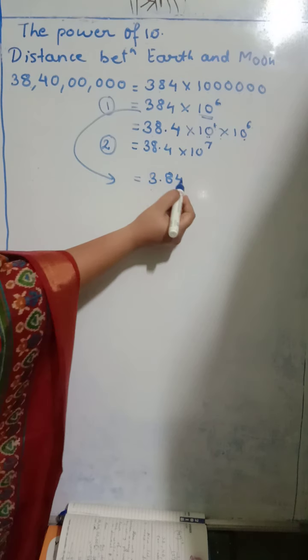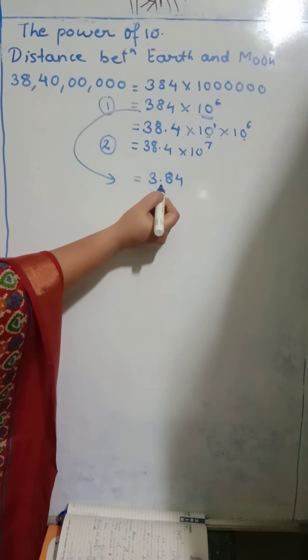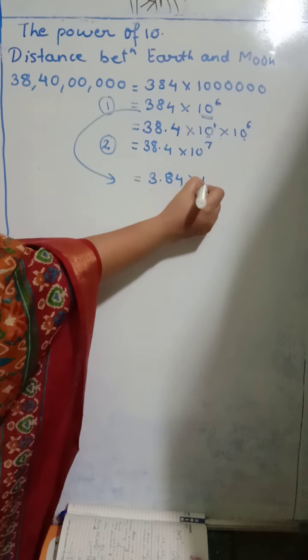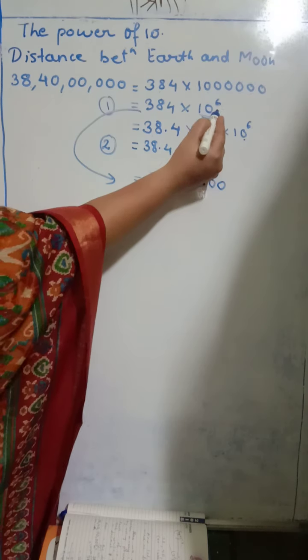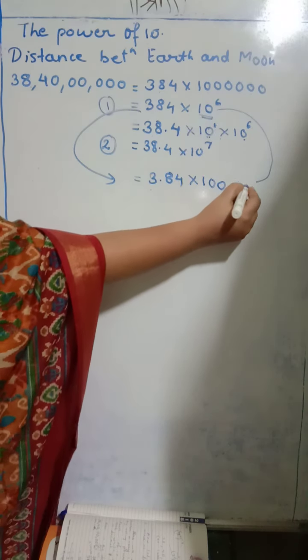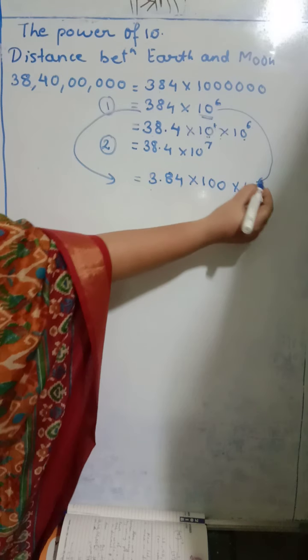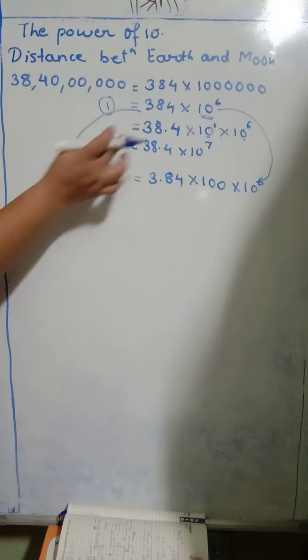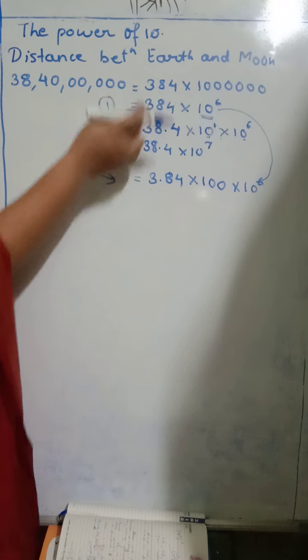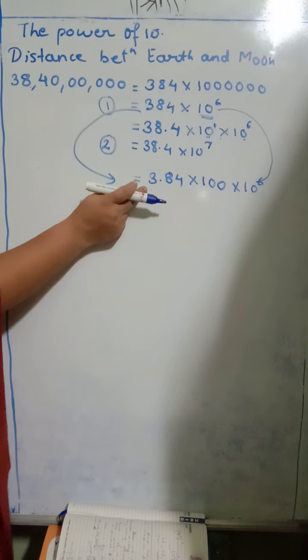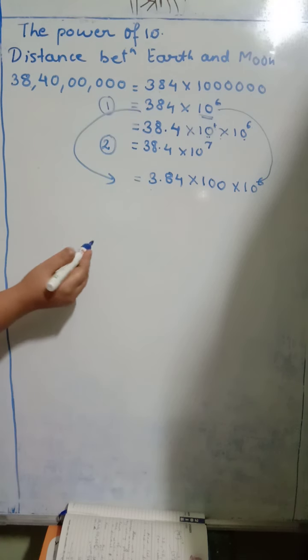Yes. Now did I shift 2 places to the left-hand side? So it will be into 100, and already we have 10 raised to 6. From this I wrote this, and from this I am now writing this smaller one.